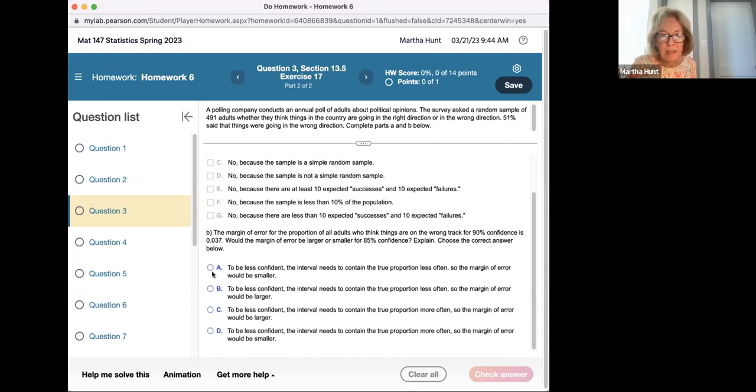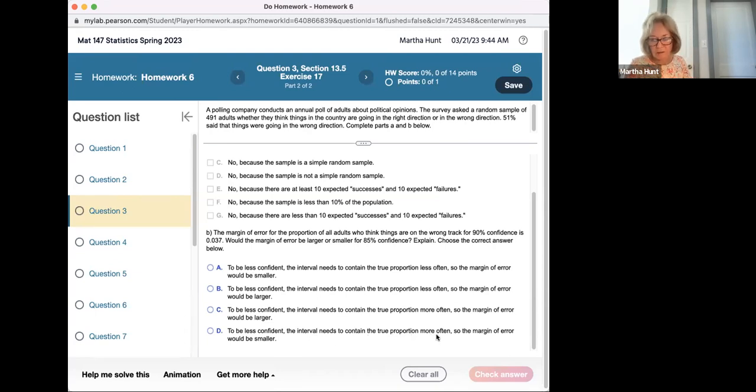Let's see. A says, to be less confident, the interval needs to contain the true proportion less often, so the margin of error would be smaller. To be less confident, the margin of error needs to contain the true proportion... What does it say?